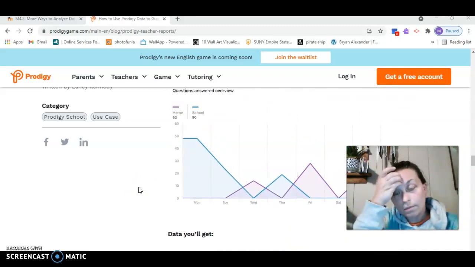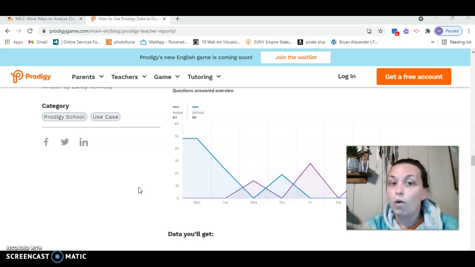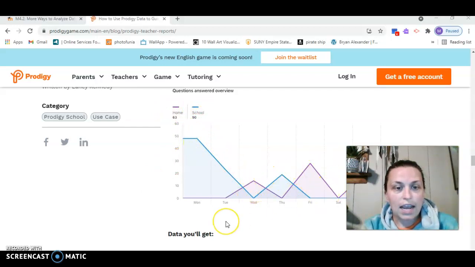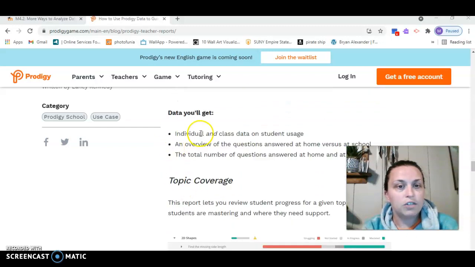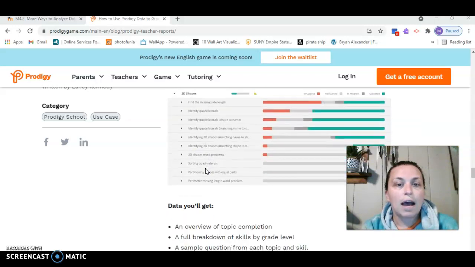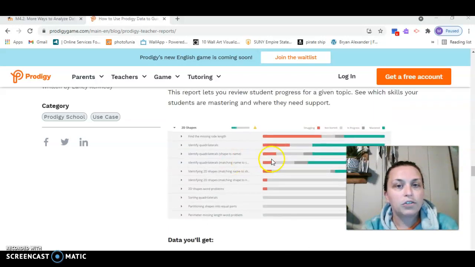I know my one child uses this as one of their days of homework, so they could compare home and school and how many minutes they were on each day. And it gives individual and class data on student usage, the type of topics that you're covering, whether they mastered them or they're just starting them.